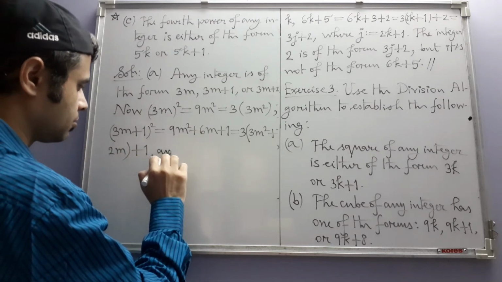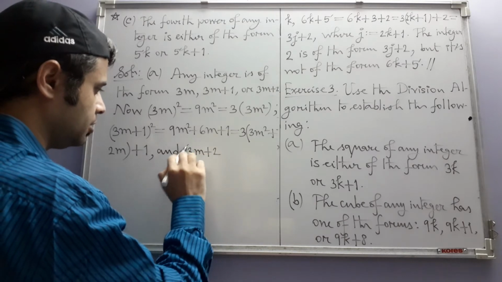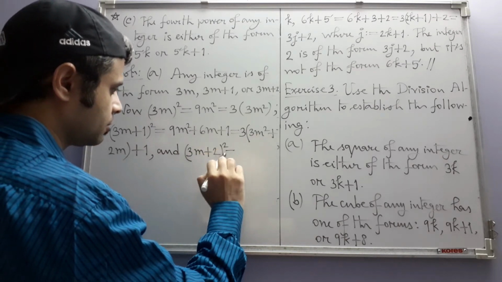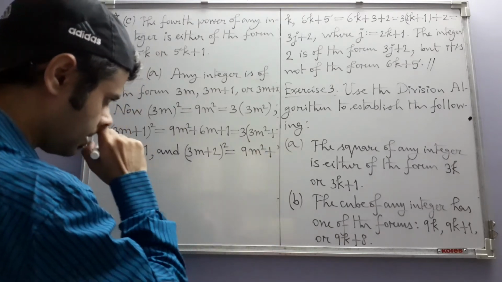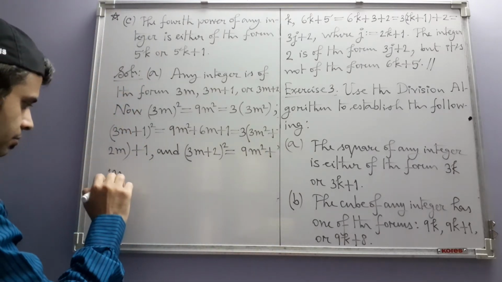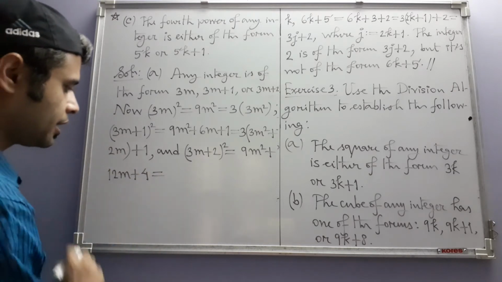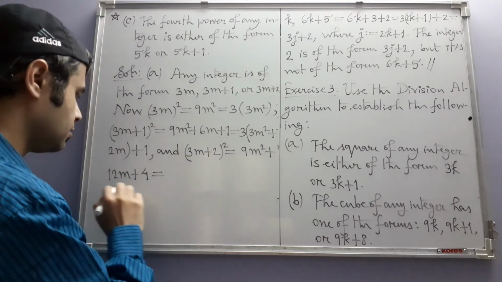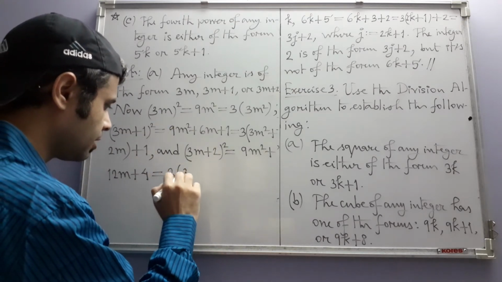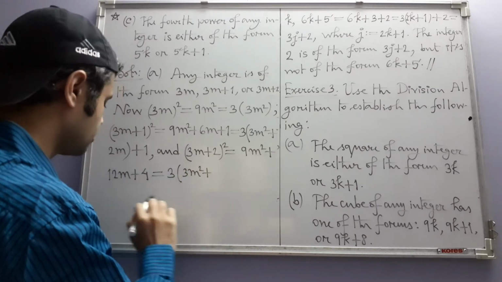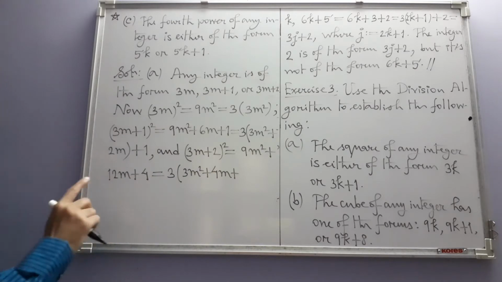And finally, if we take the square of 3m plus 2, we get 9m square plus 12m plus 4. 4 can be written as 3 plus 1, and from the first 3 terms, if we take 3 common out, we will have 3m square plus 4m plus 3.